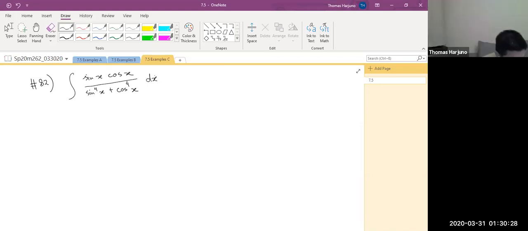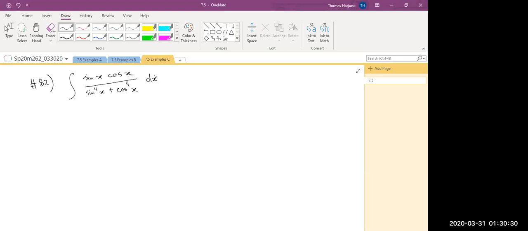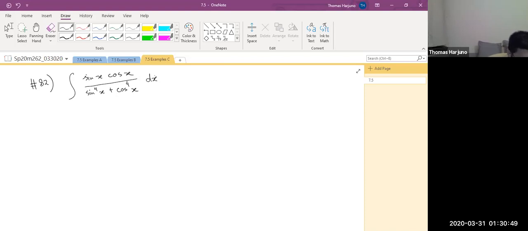Isn't the denominator like an identity, where sine squared plus cosine squared equals 1? In a way, it's sine squared plus cosine squared, also squaring that, so wouldn't it be 1 to the square power? Maybe that's how we need to play that.